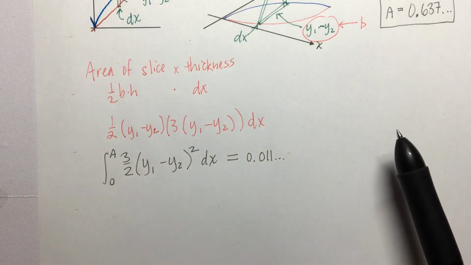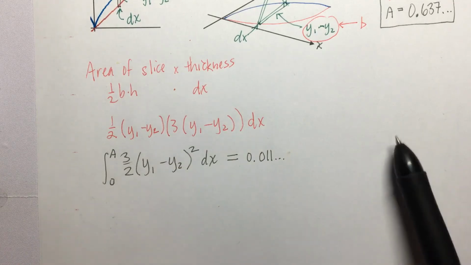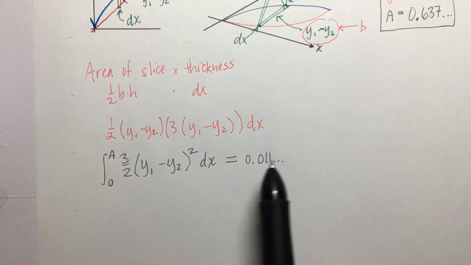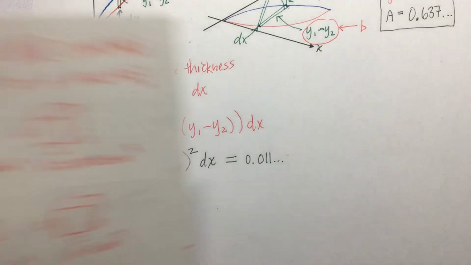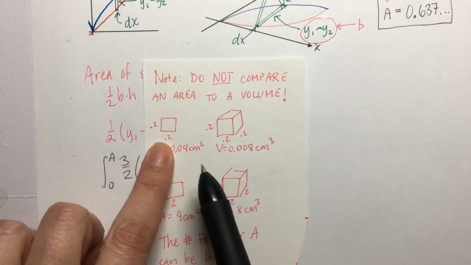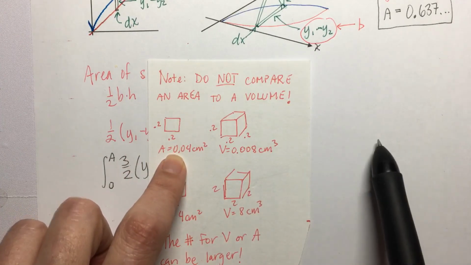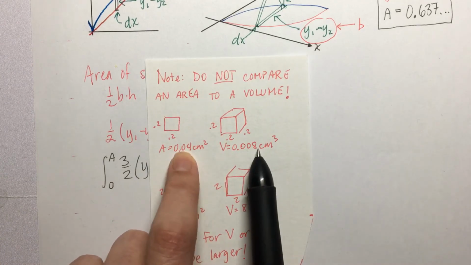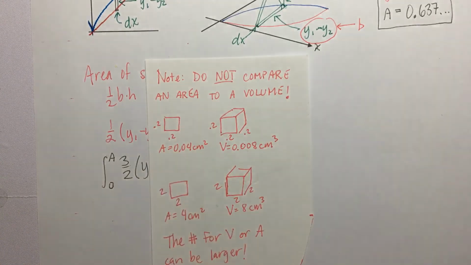Well, it's not. It's a different thing to compare, because remember, this is a cubic unit versus square units for area. For example, if you have a square that's 0.2 by 0.2, your area is 0.04, and if that was a cube, it would be 0.008. So numerically your area is bigger.